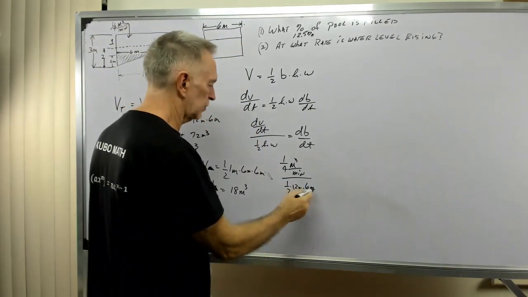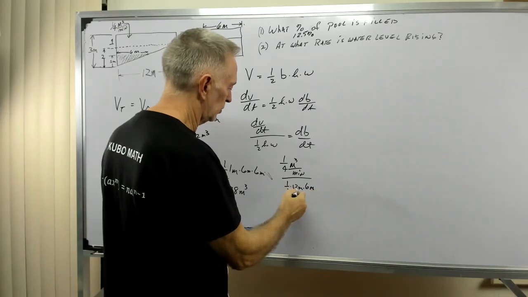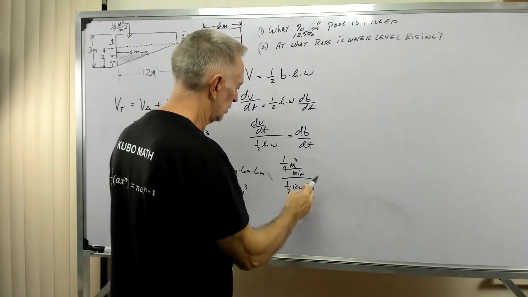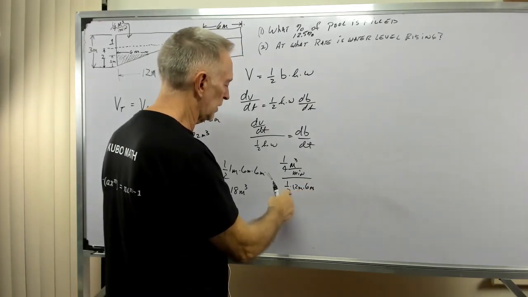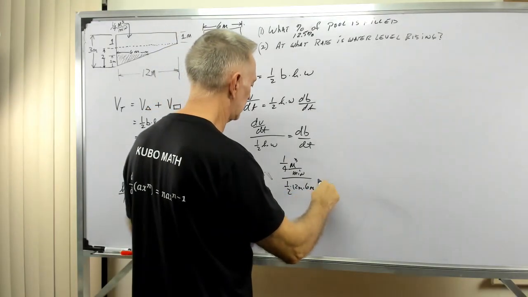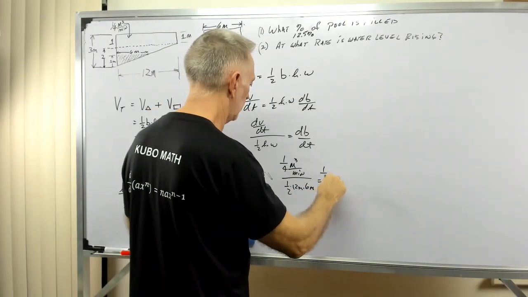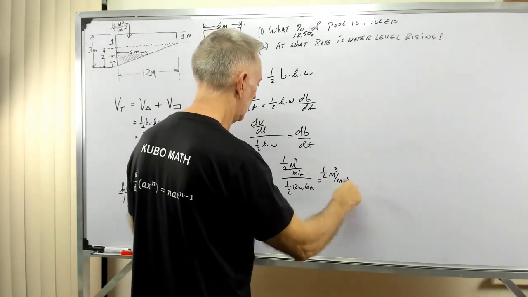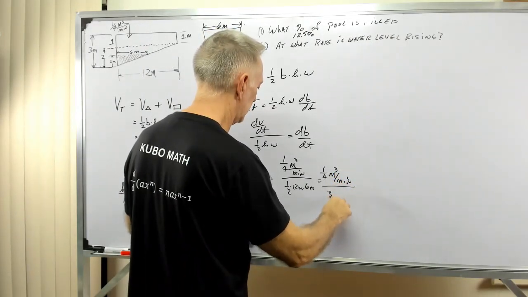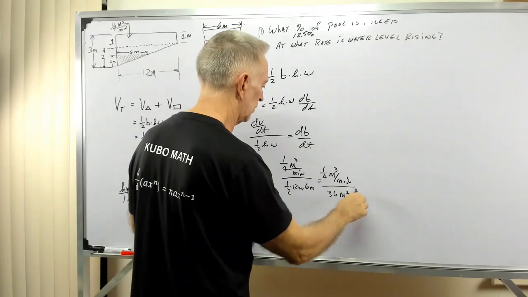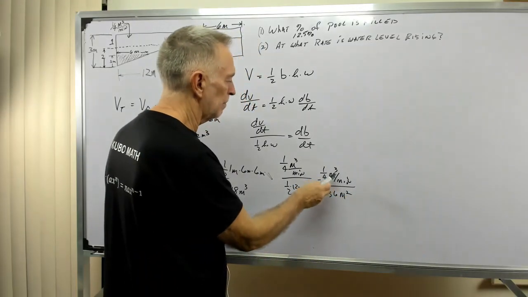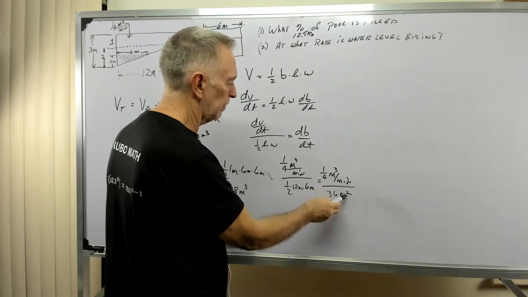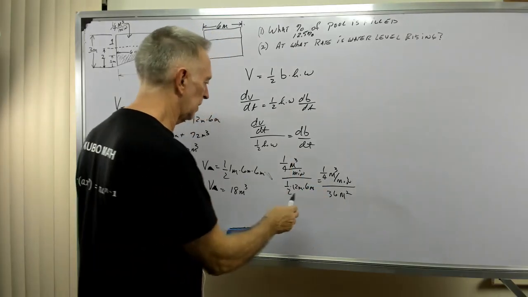Okay, so that's 72 square meters divided by 2 gives me 36. So I end up with 1/4 cubic meter per minute divided by 36 square meters.